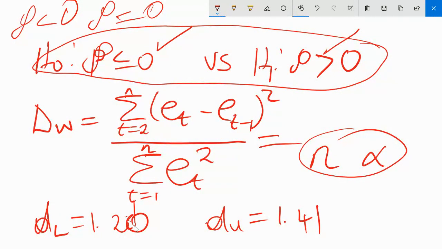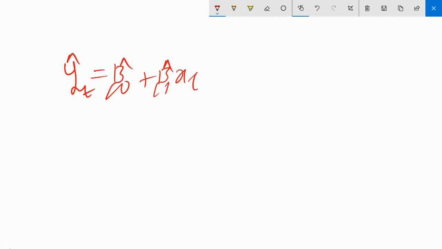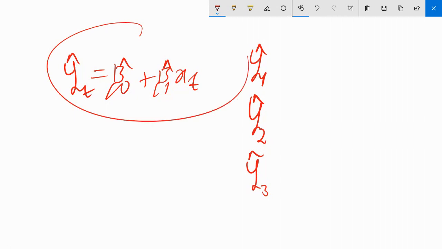We need the value of the test statistic so that we can conclude. I'm going to use Excel to calculate. Remember, we need the errors. And for us to get the errors, we first need to get the model so that we can estimate Y1 hat, Y2 hat, Y3 hat, up to 20.